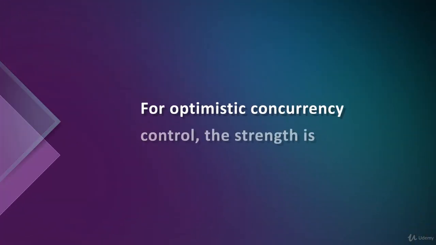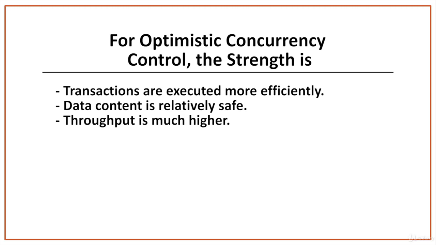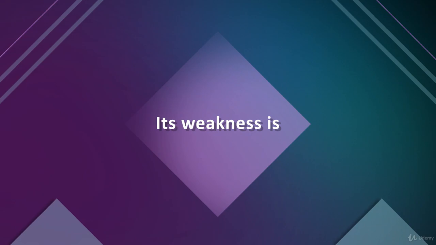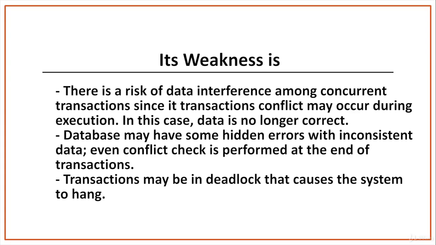For optimistic concurrency control, the strength is transactions are executed more efficiently. Data content is relatively safe. Throughput is much higher. Its weakness is there is a risk of data interference among concurrent transactions, since transaction conflict may occur during execution.